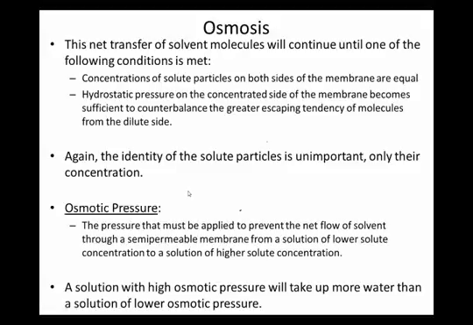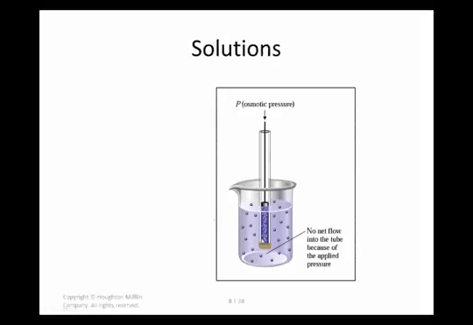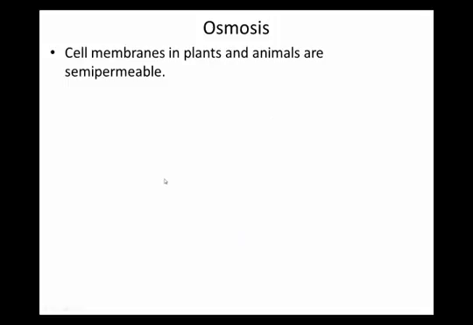So a solution with a high osmotic pressure will take up more water than a solution of lower osmotic pressure. And here's a better way to say it: no net flow, even though this is more concentrated, because I'm putting exactly the osmotic pressure to stop the flow.